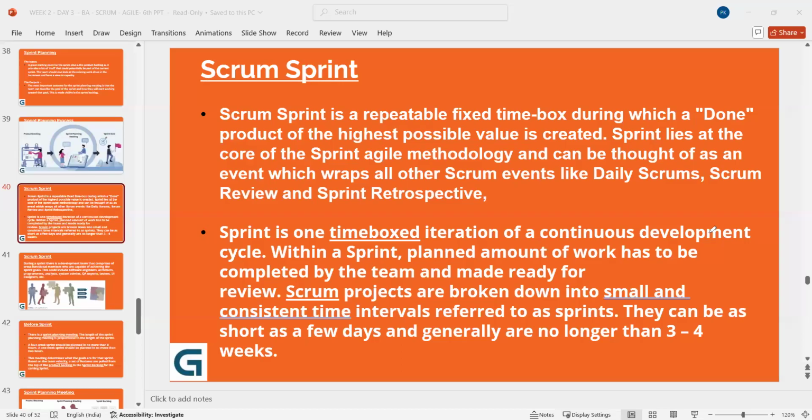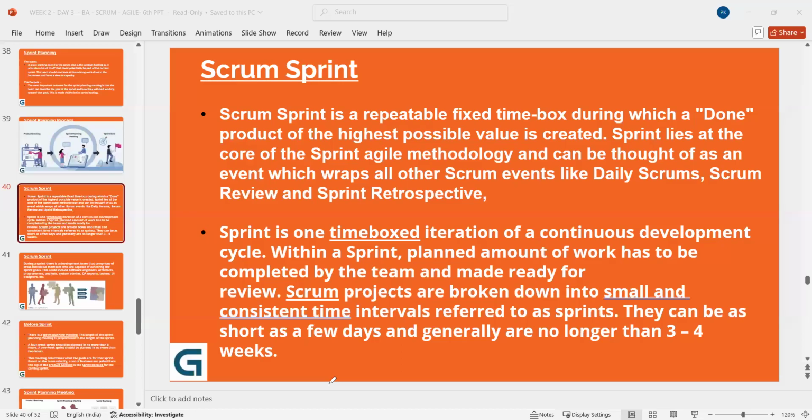And then Scrum projects are broken into small and consistent time intervals referred to as sprints. Now, honestly speaking, maybe I'll do that. This sentence has to be the first one because it sounds like a definition, right? So Scrum projects are broken down into small and consistent time intervals referred to as sprints.